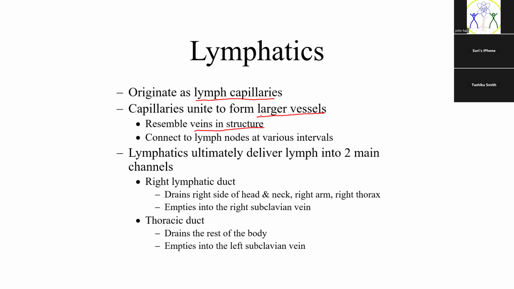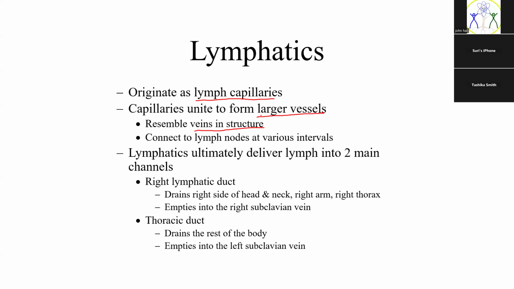By that I mean they're very, very thin-walled, very low pressure, and they have valves in them, right? As a matter of fact, your lymphatic vessel is like a more extreme vein. Because veins have thin walls, as you know, where lymphatic vessels have even thinner walls. Veins have low pressure, lymphatic vessels have even lower pressure, right?